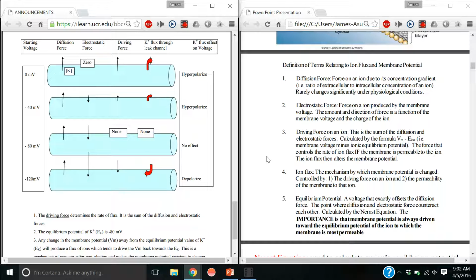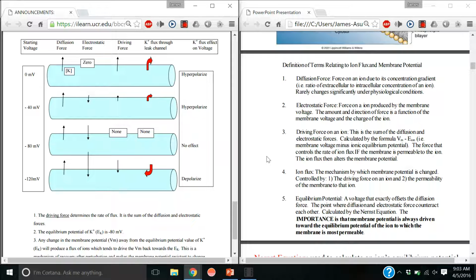But it takes two things: you have to have a driving force, and you also have to have a pathway. That gets into channels being open and closed. Sometimes you can have a very strong driving force on an ion, but the channels that allow that ion to flow through get closed, and then the flux and the driving force are going to be different. But basically, yes, if there's a pathway for the ion to flow, like the leak channel, then the driving force is what determines the rate at which the ions will flow, and we just happen to have the leak channel.